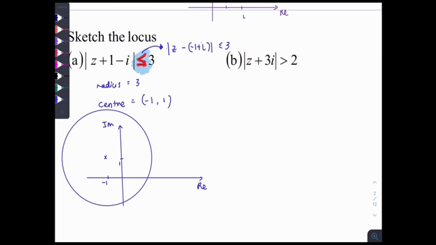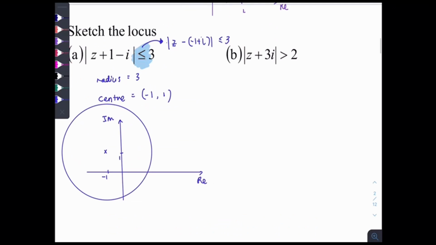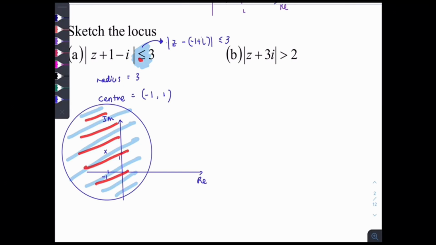So the less than sign means you have to shade the area inside the circle. Okay, so let's shade inside the circle here. This is how we sketch the locus for the circle's inequality. So remember, less than means you have to shade inside the circle. The equal sign means the circle line itself. This is for the A.